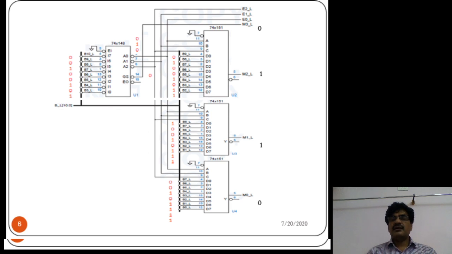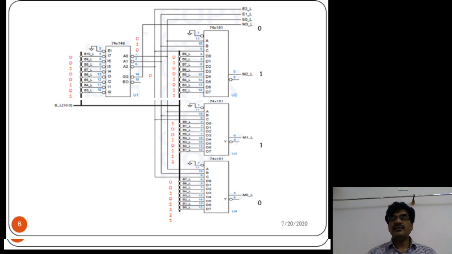Then B9 to B2, these 8 bits, are applied as input for the first multiplexer. Then B8 to B1, the 8 bits, are applied to the second multiplexer. B7 to B0 are the input bits for the third multiplexer.